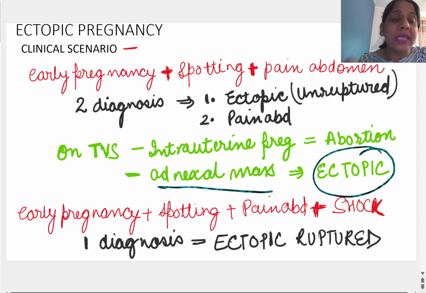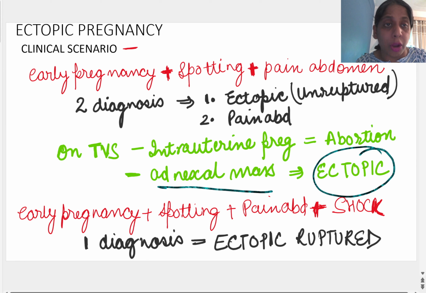Okay, the examiner wants this, that you all should know this. If in early pregnancy a patient comes with shock, it is not an abortion, it is not anything else, it is just an ectopic, and it is time for the doctor to save the patient's life.